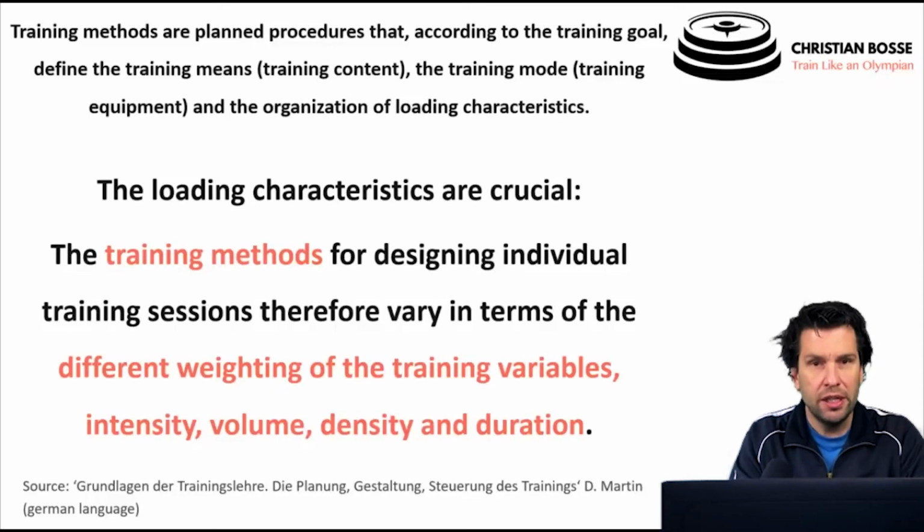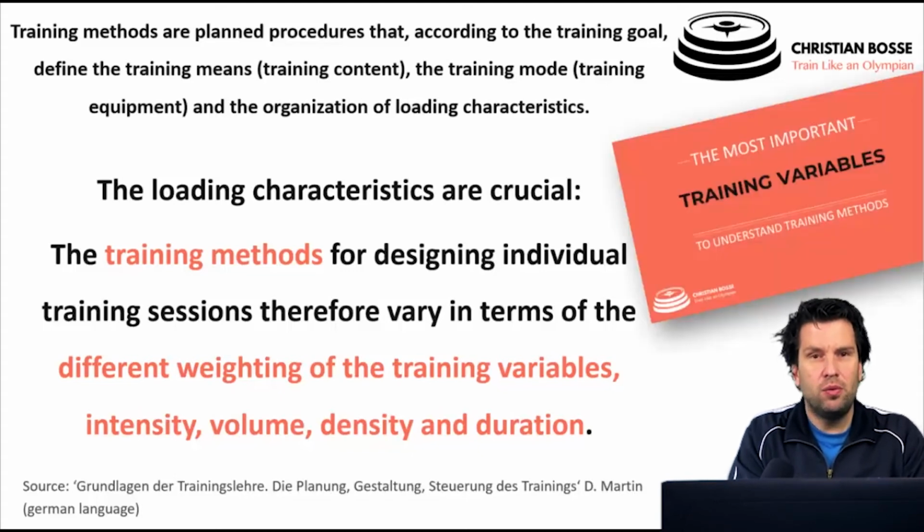So here we have it, training methods and the weighting of different training variables, intensity, volume, density, and duration. And that will be the topic of the next lecture, which will be a bit longer one because I will look at every training variable, intensity, volume, density, duration, a little bit closer.